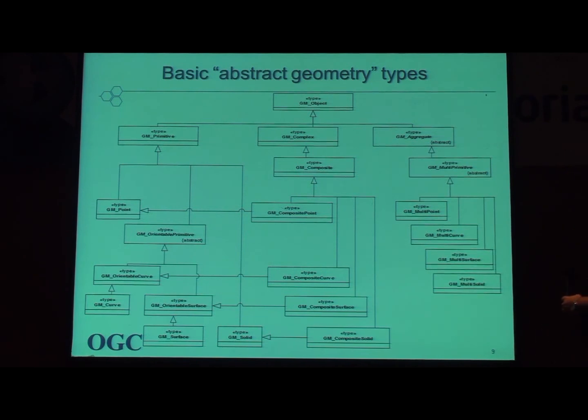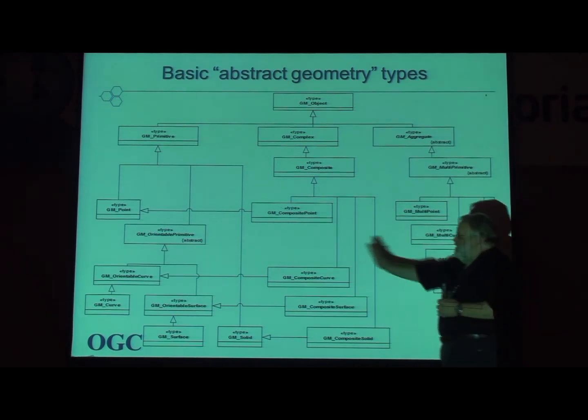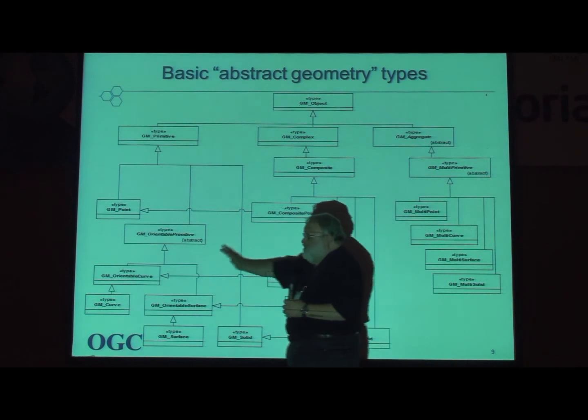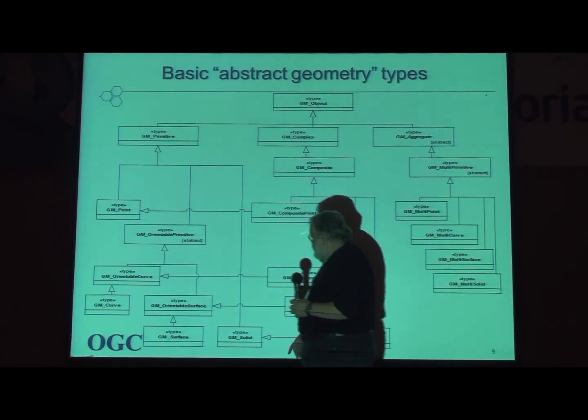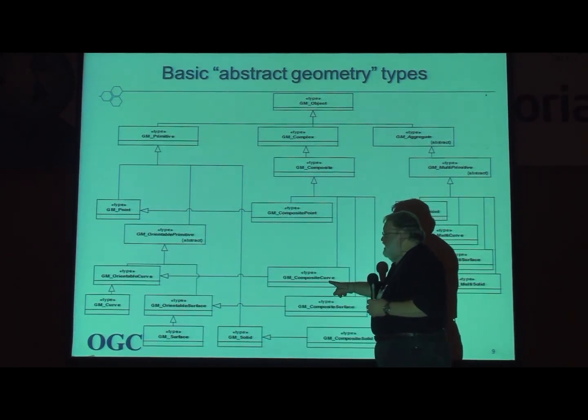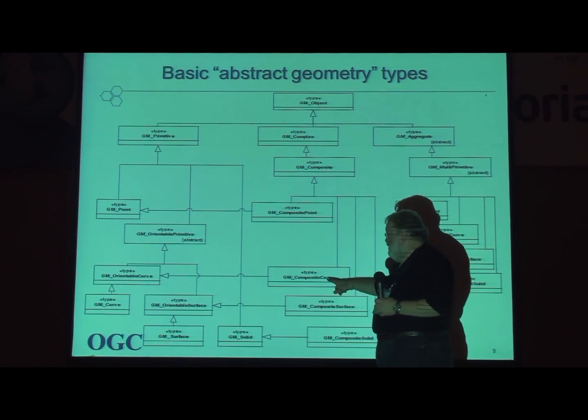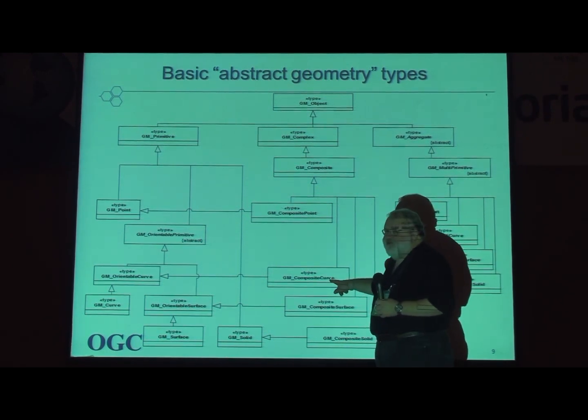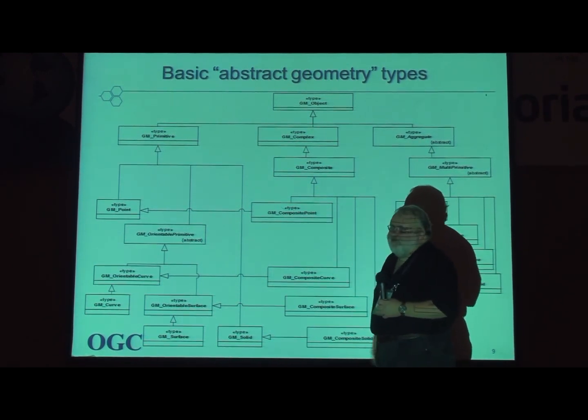So all these do is realize that restriction as separate classes. This is a lot of waste of effort and time and text, so a lot of this is going to collapse away. A lot of this parallelism between composites and primitives is going to go away, which is good because what this says here, which is really confusing to people, is that there's a composite curve, which is actually a primitive.